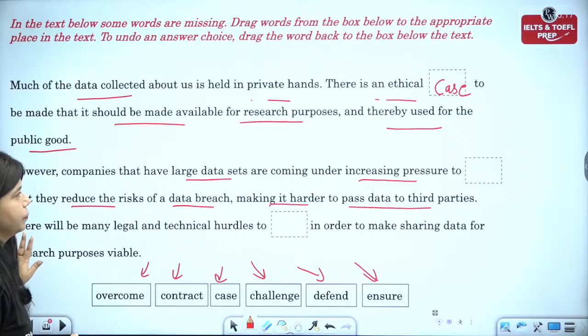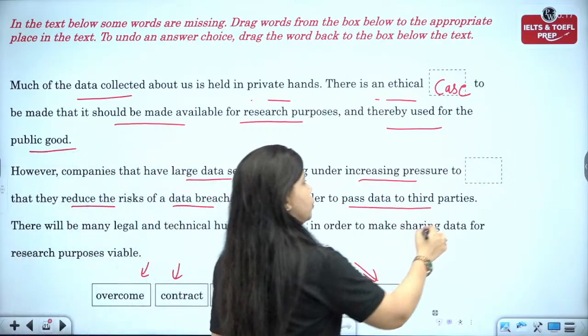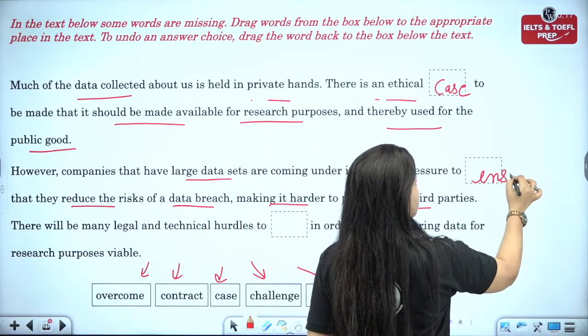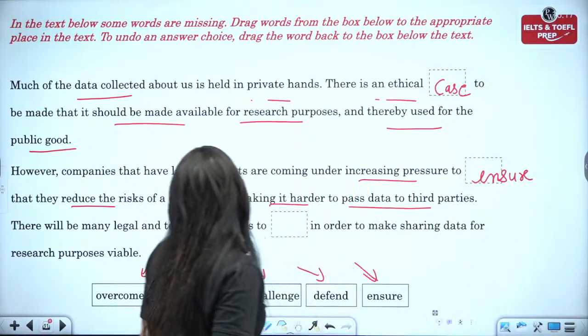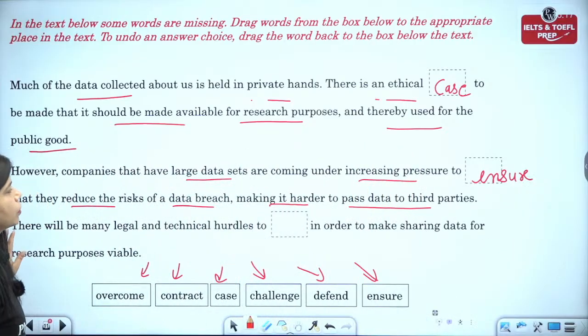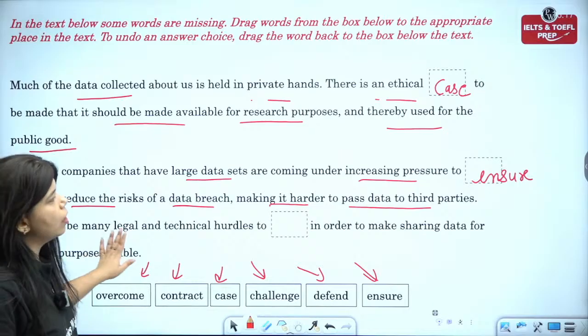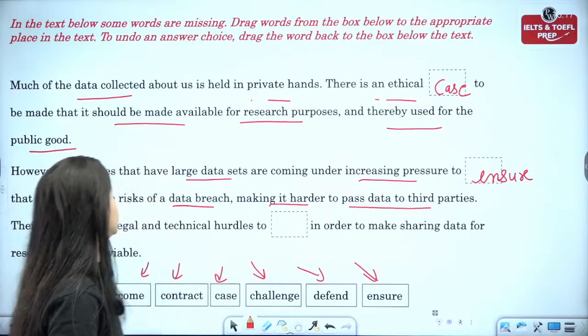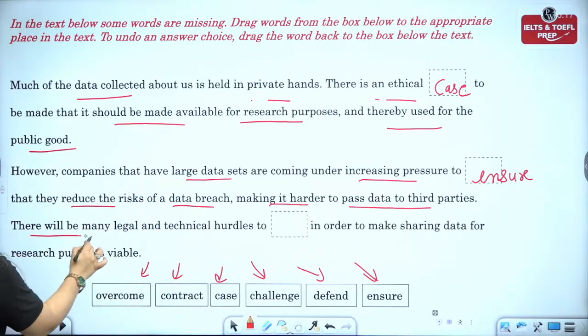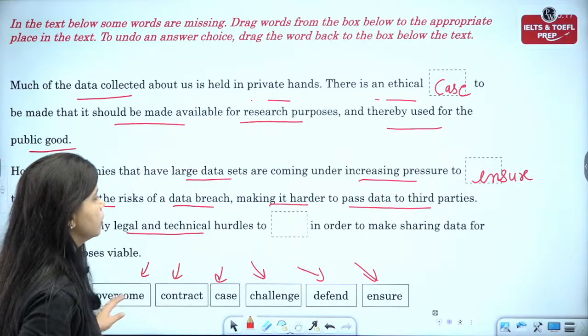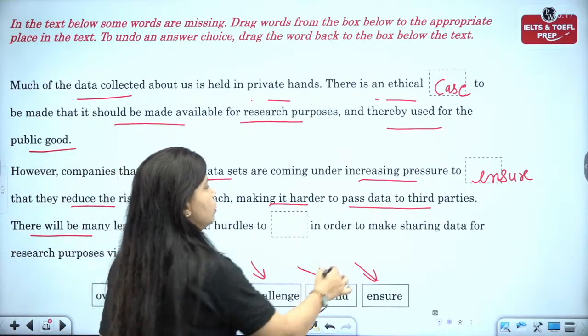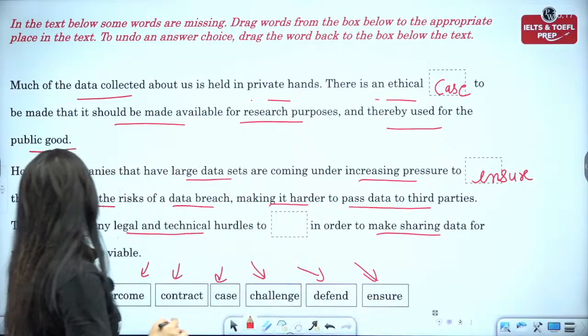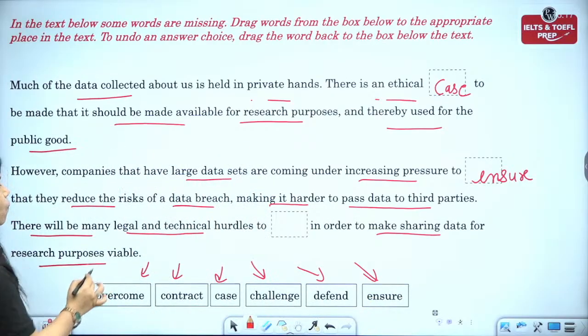To what? To ensure. To ensure that they reduce the risks of a data breach, making it harder to pass data to third parties. And finally, there will be many legal and technical hurdles to dash in order to make sharing data for research purposes viable.